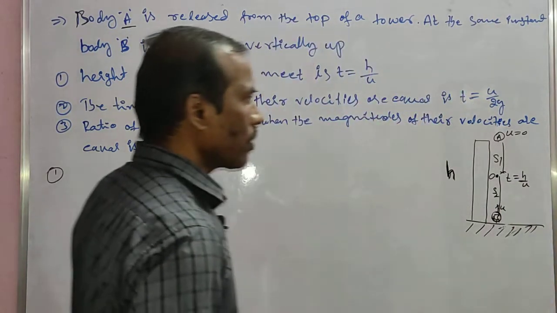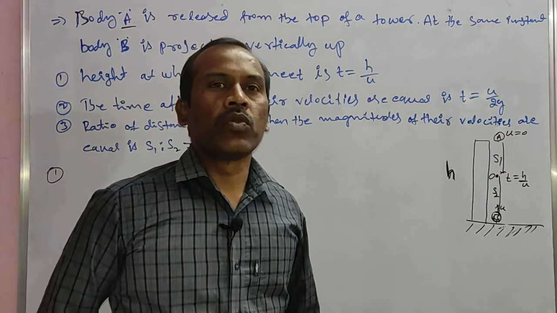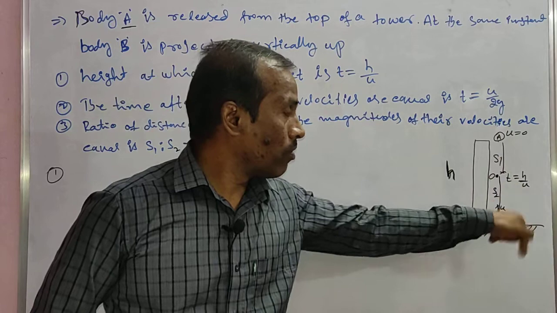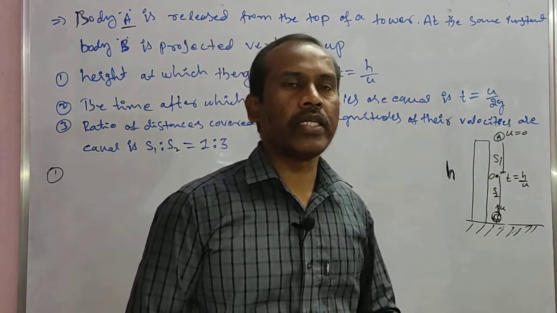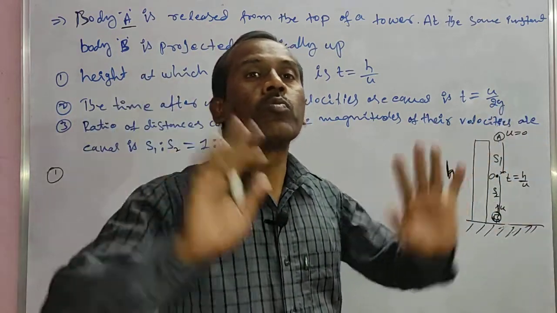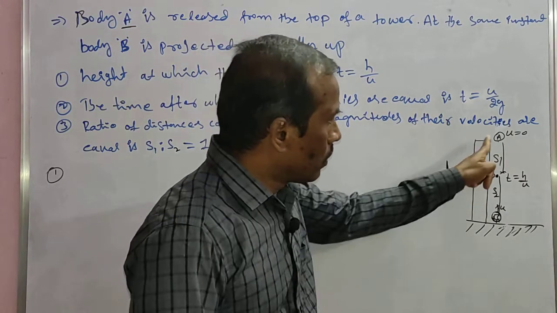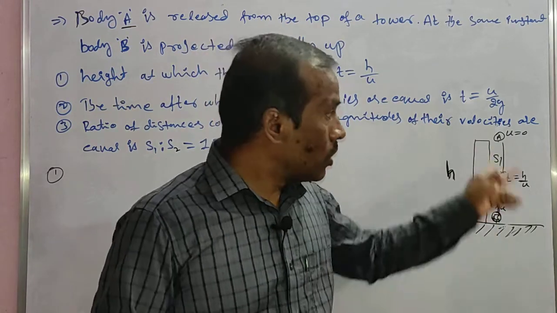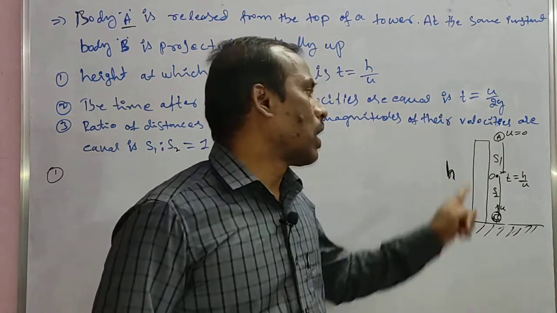Now find out that t is equal to H by U. First of all, we want these two bodies to meet at point O, so the distance covered by both bodies is equal to H, the height of the tower.